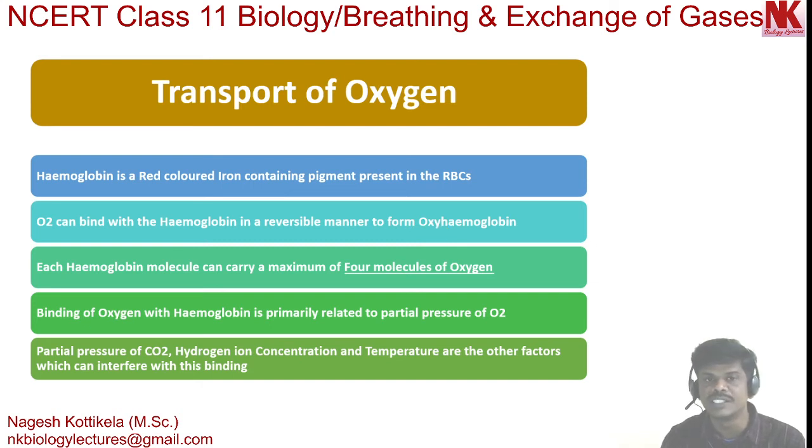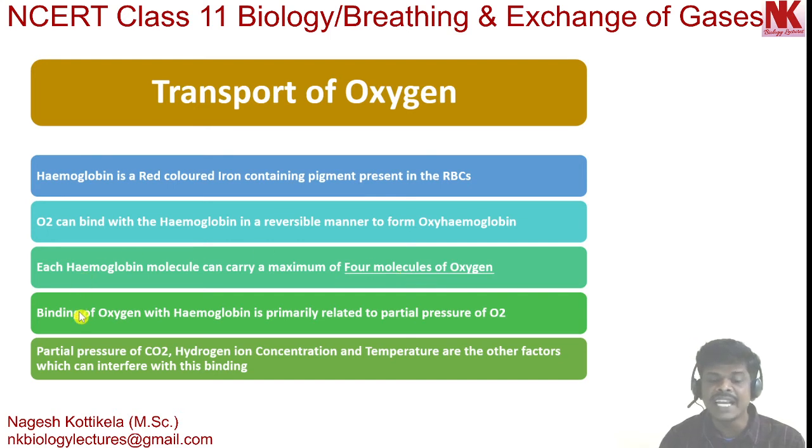Oxyhemoglobin, important. Each hemoglobin molecule can carry a maximum of 4 oxygen molecules. Very important question for your exams. I repeat this once again. Each hemoglobin molecule can carry a maximum of 4 molecules of oxygen.